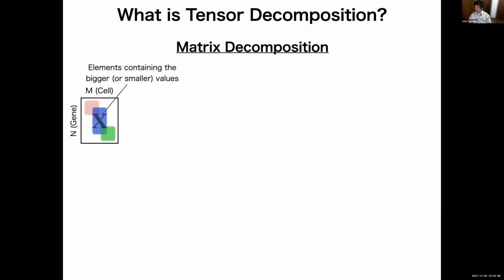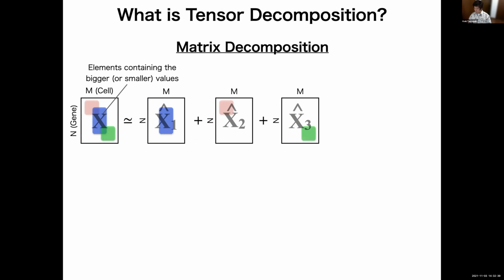Next, I will introduce the tensor decomposition algorithm. At first, I will explain the matrix decomposition, which is a special case of tensor decomposition. Let's say we have a matrix having gene times cell, and this matrix has some blocks having elements containing bigger or smaller values.